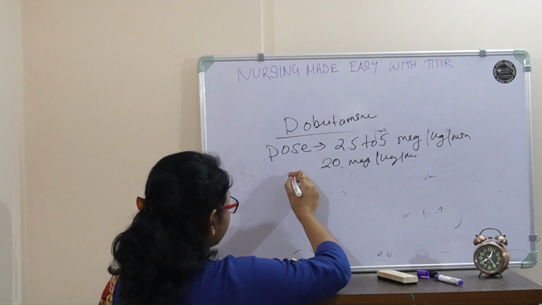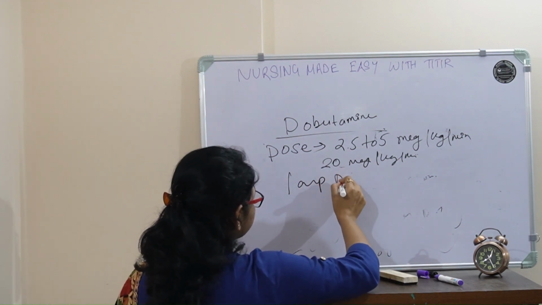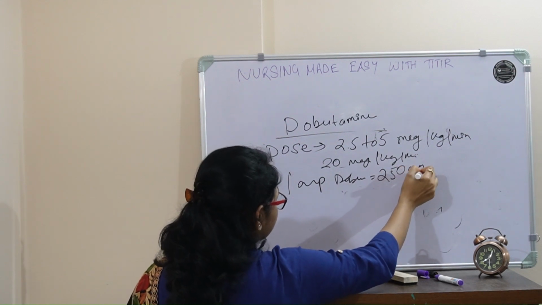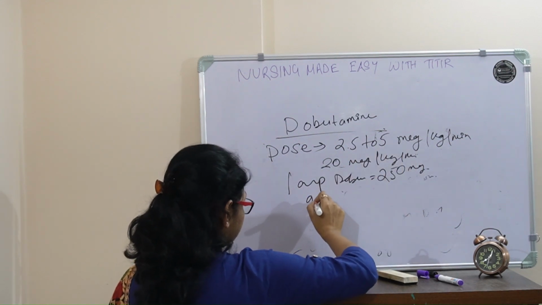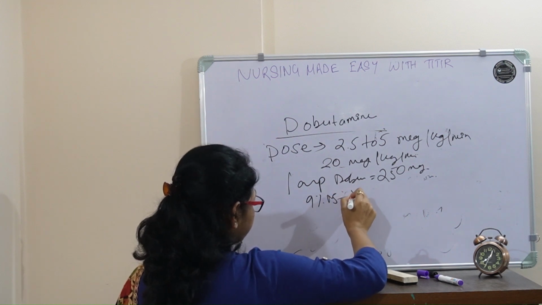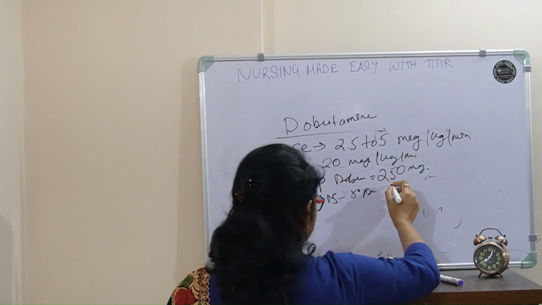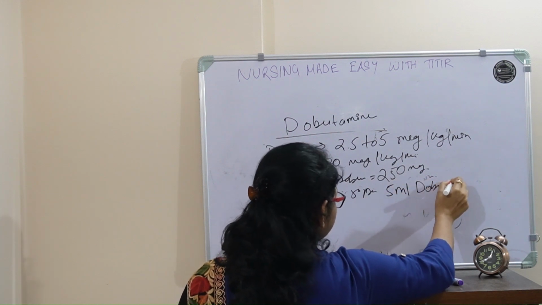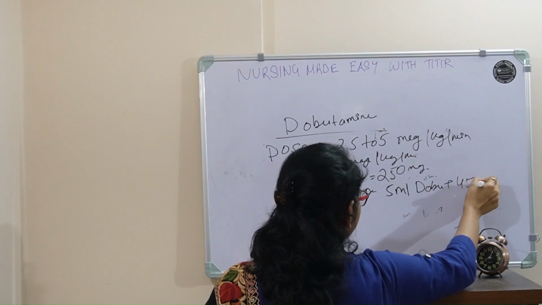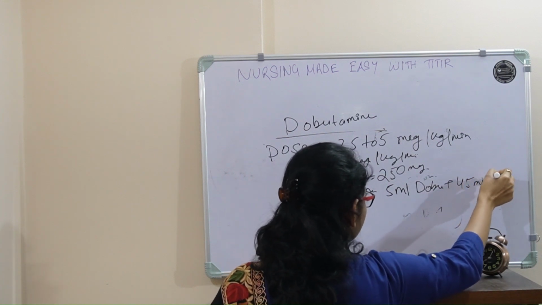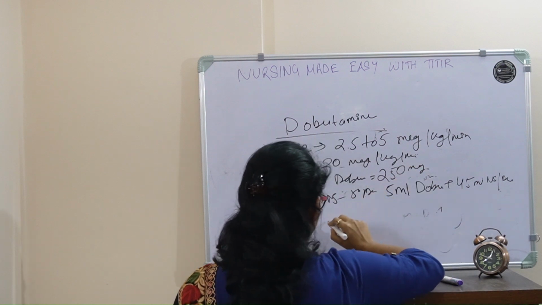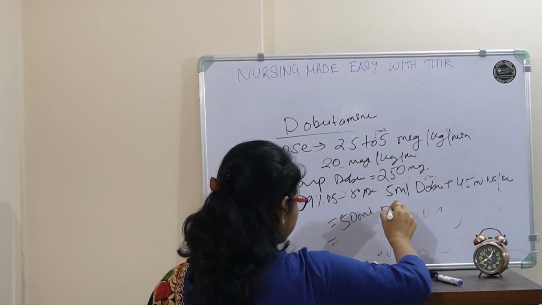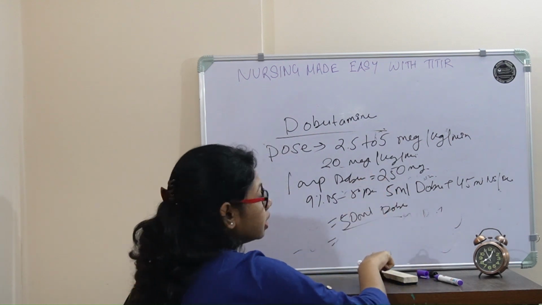One ampule of dobutamine is equal to 250 mg. We can mix it with 0.9% normal saline or 5% dextrose. So 5 ml dobutamine plus 45 ml NS or dextrose. So there will be 50 ml of mixed drug of dobutamine.